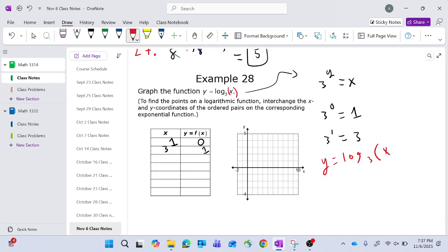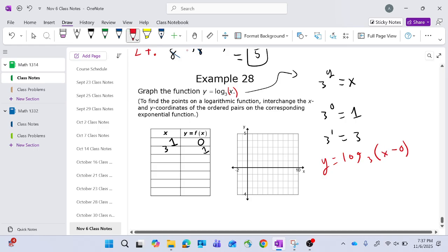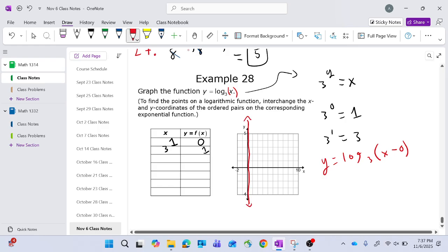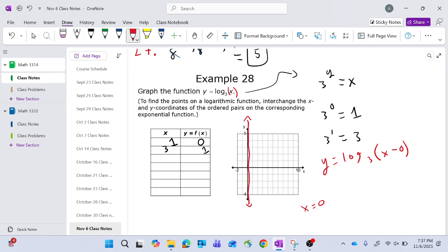Isn't that technically x minus 0, which is just x? So x equals 0, sorry, x equals 0. That's the asymptote. The asymptote for logs is inside, while the asymptote for exponents is outside.